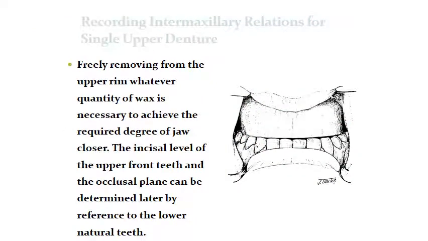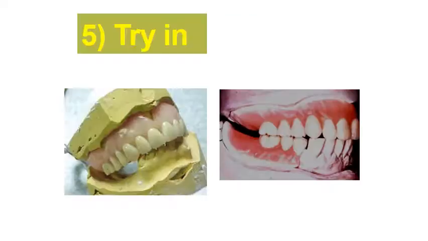Recording the intermaxillary relations for a single upper denture: freely remove from the upper rim whatever quantity of wax is necessary to achieve the required degree of jaw closure. The incisor levels of the upper front teeth and the occlusal plane can be determined later by reference to the lower natural teeth.